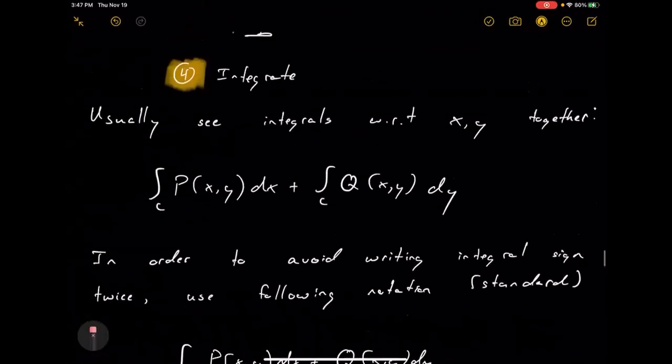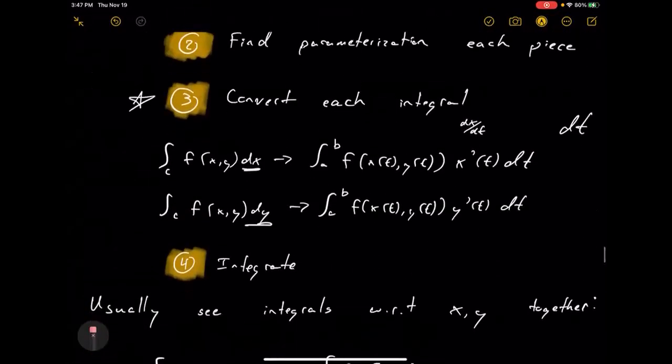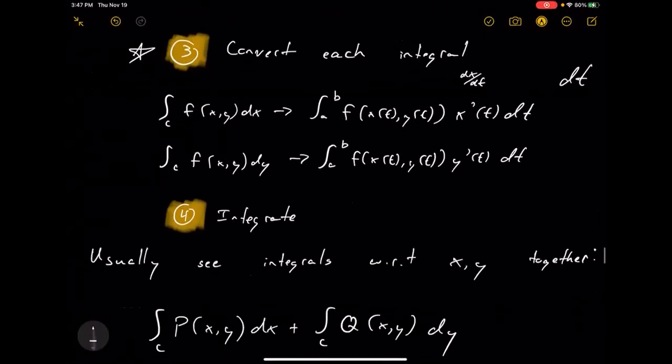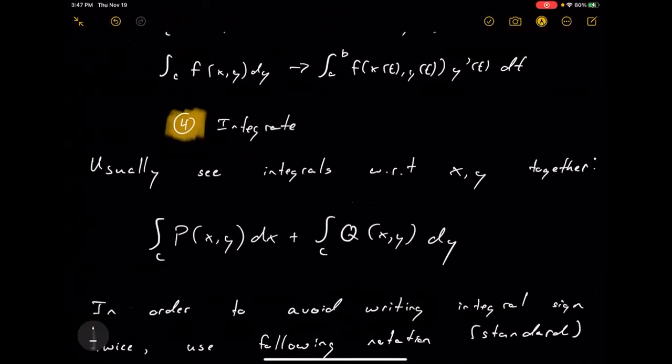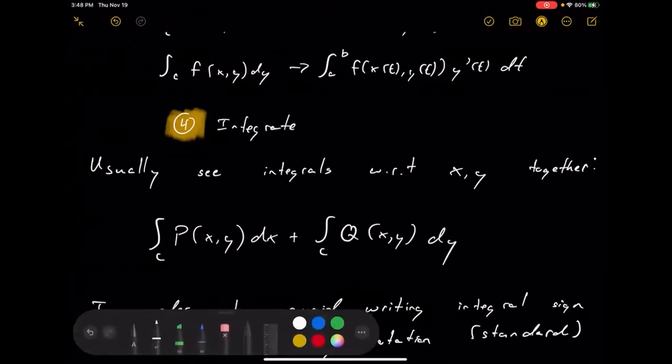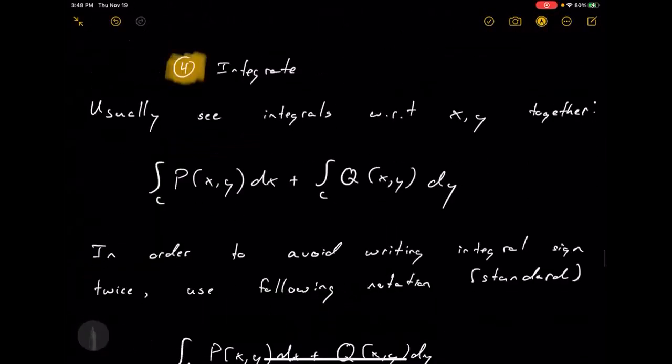You'll usually see these x and y integrals together. You'll integrate one function with respect to x and another with respect to y. Let's say I'm given a problem and they tell you to integrate along this curve C. The C will be the same in both integrals, but you're integrating this function with respect to x, and this function with respect to y.